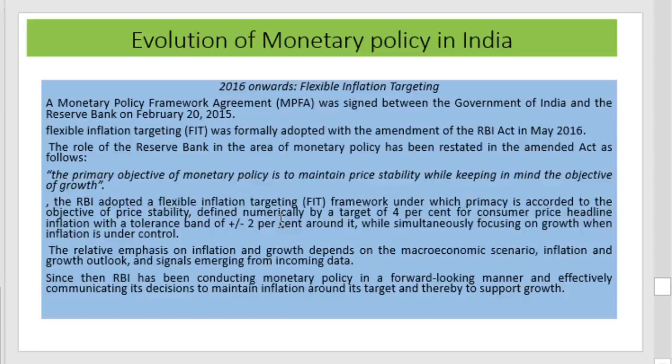The primary objective of monetary policy is to maintain price stability while keeping in mind the objective of growth. The RBI adopted a flexible inflation targeting framework under which primacy is accorded to the objective of price stability, defined numerically by a target of 4%.